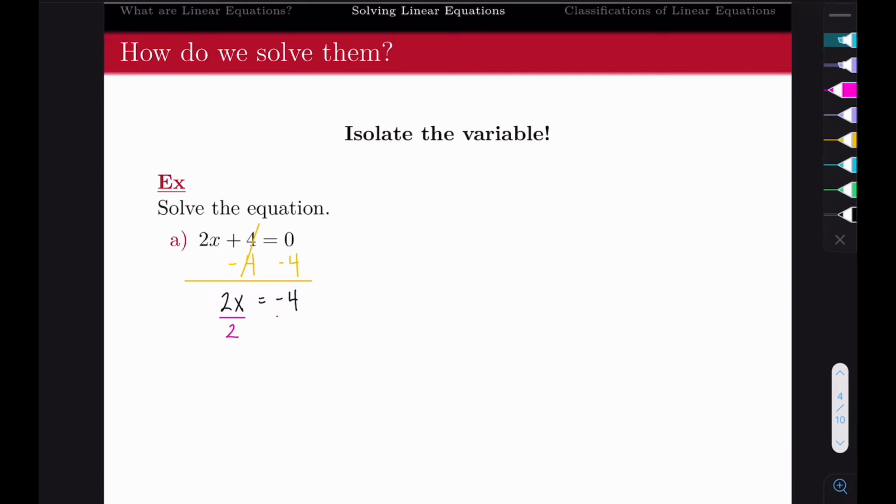So we go ahead and divide both sides by 2. And so again, the 2's will cancel, and that leaves us with a single x on this side. On the right-hand side, negative 4 divided by 2 gives us negative 2. So ultimately, we end up with a single value for x, and that's our goal. That's what we want to solve.